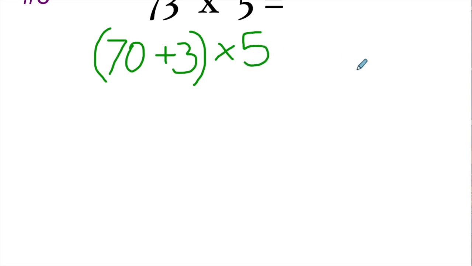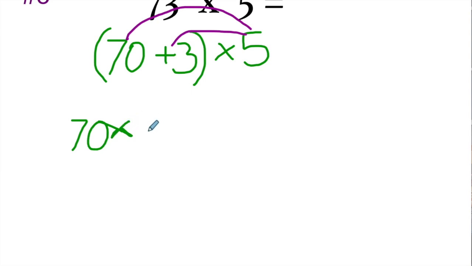70 plus 3 times 5. Now we're going to work on that distributive property. 5 is going to distribute out to each one of those numbers. So let's do 70 times 5 as the first part of our distributive property. 70 times 5, in parentheses, is the first one.